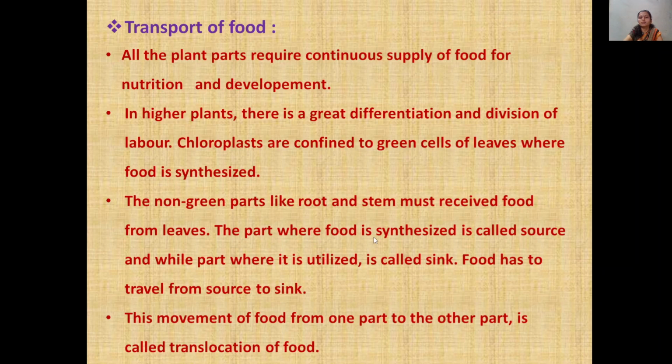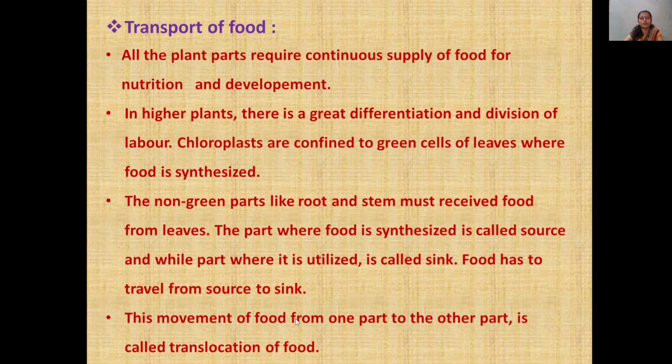The part where food is synthesized is called source, while the part where it is utilized is called sink. Food has to travel from source to sink.